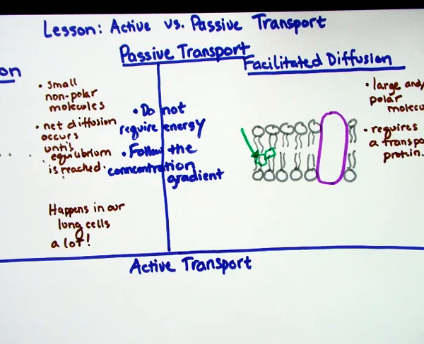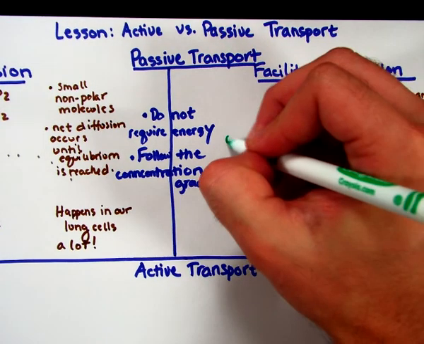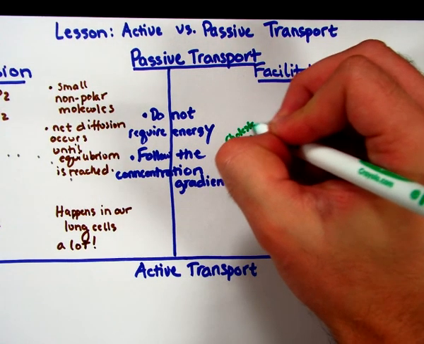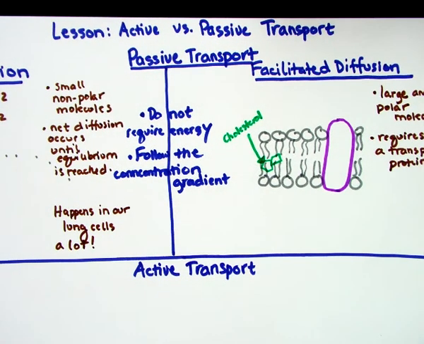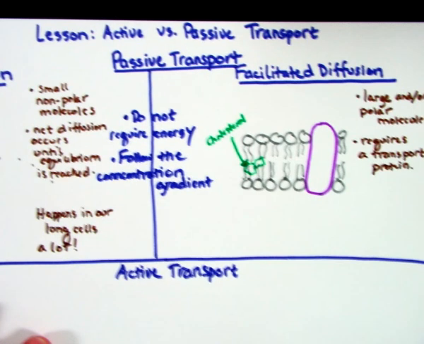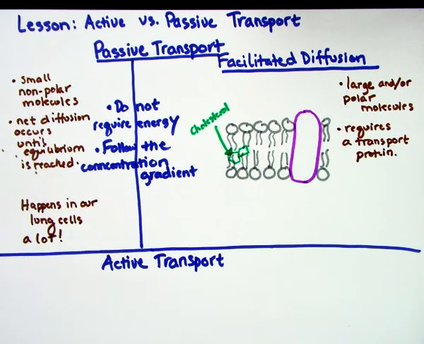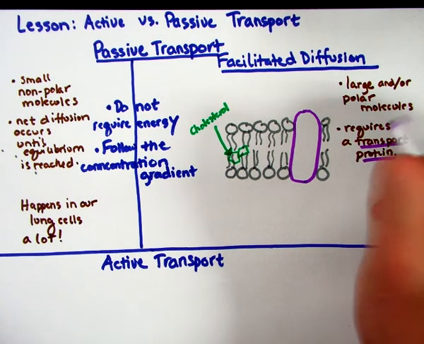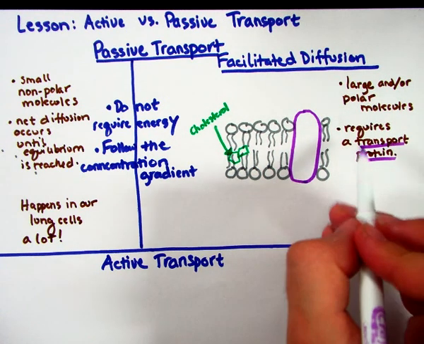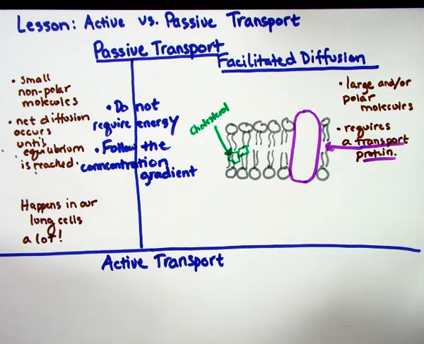Cholesterol. So cholesterol, just as a reminder of things that are embedded. But these transport proteins, right here, they allow either large or polar molecules to pass through.